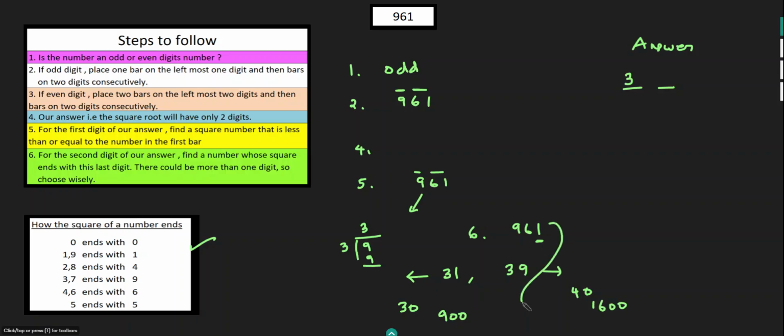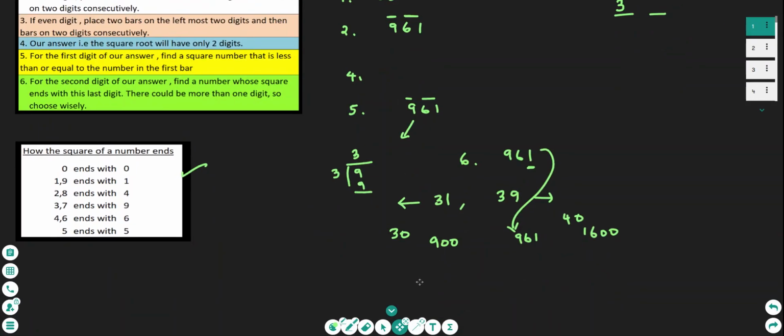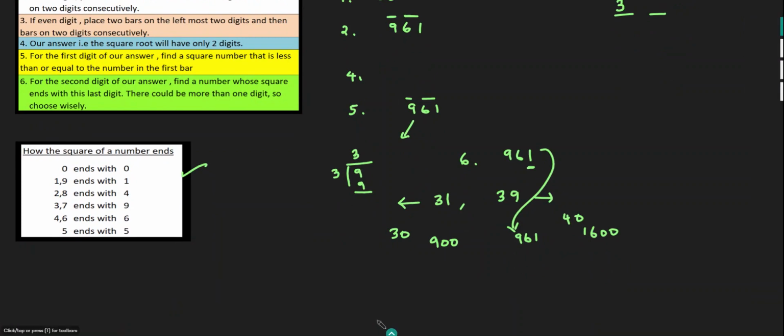Then we place this number inside and find which is closer. So we have to find the difference of 900 and 961. That is clearly 61. And then the difference of 1600 with 961 is going to be 639.